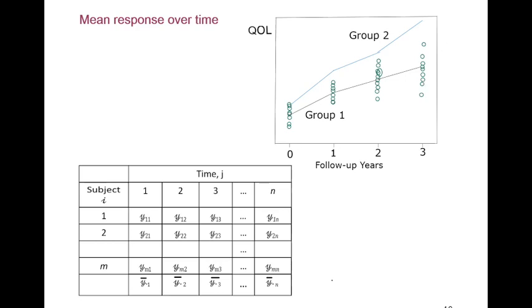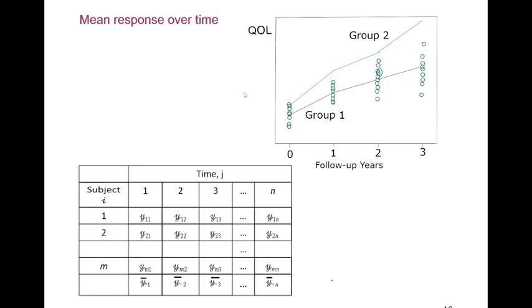Most of the time this is the case, because at baseline, for example in a randomized study, people are usually similar, or not similar, but you still have variability. Over time, because individuals respond to the treatment differently, you usually see the variability increase. But again, this is not always the case.